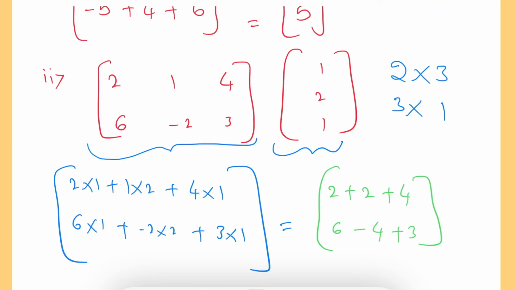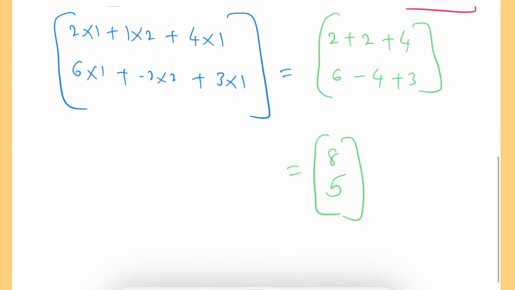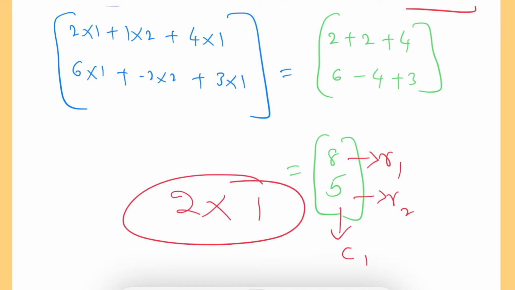Now from these 2 matrices orders, we need to pick the rows from the first matrix and columns from the second matrix. So our answer will have the order 2 cross 1. Let us check the answer now. 2 cross 1, 2 rows, 1 column. So this is 2 cross 1.